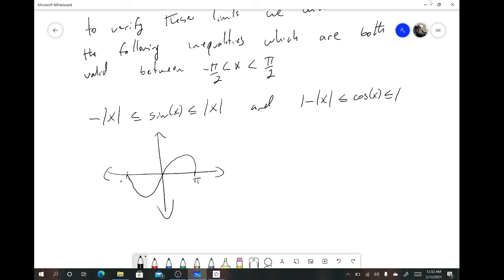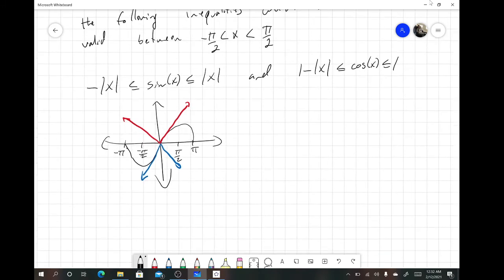This will be pi, it's negative pi over 2, and pi over 2. And the absolute value graph looks like this. So the positive one looks like this, and then the negative one is going to go down like this. So as we can see, the sine wave is definitely trapped between minus absolute value of x and positive absolute value of x.